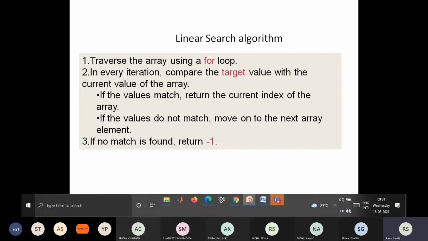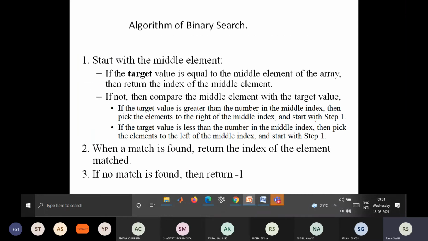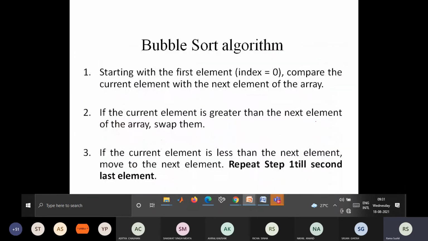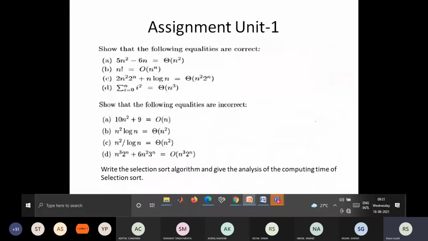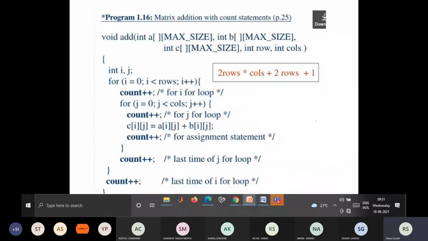Linear search has only one loop, so the complexity comes accordingly. This is the assignment related to unit 1 that I will upload, which I have shown you.